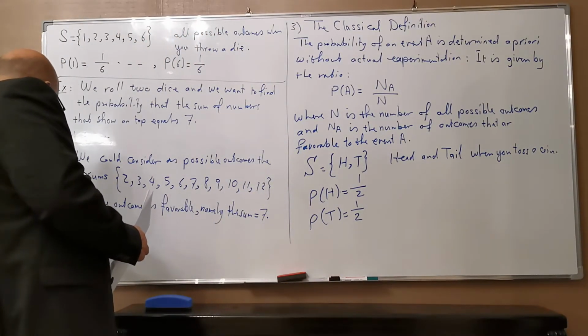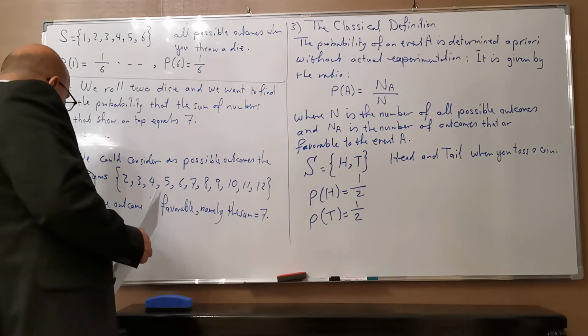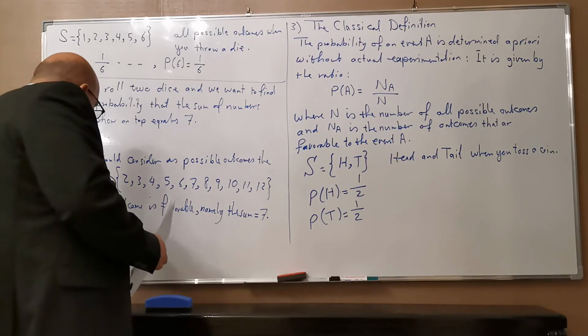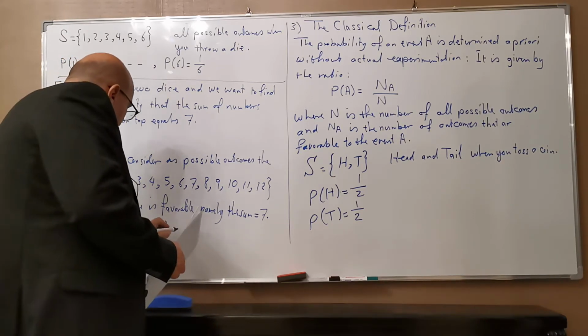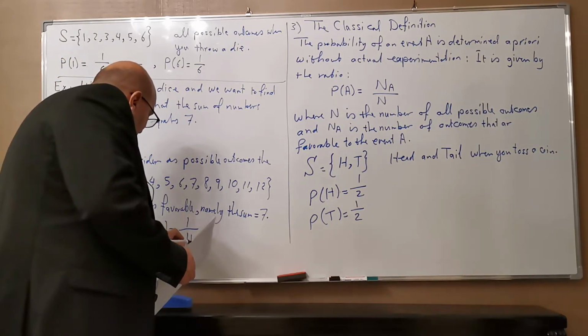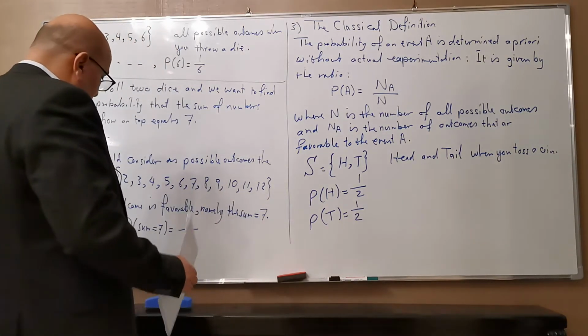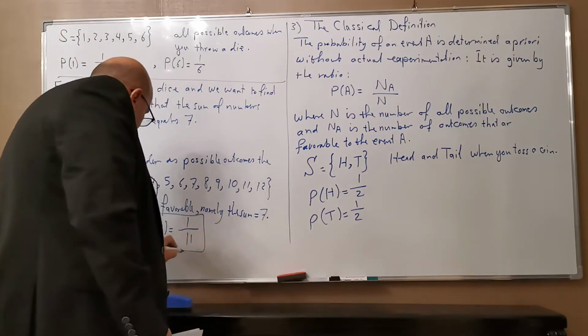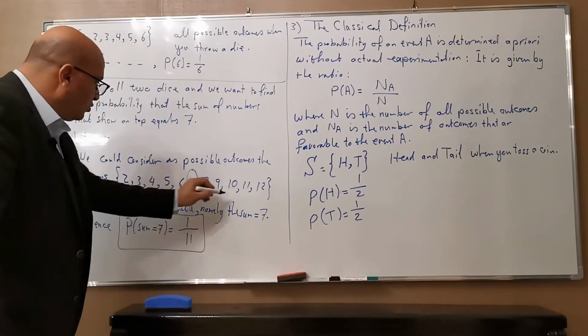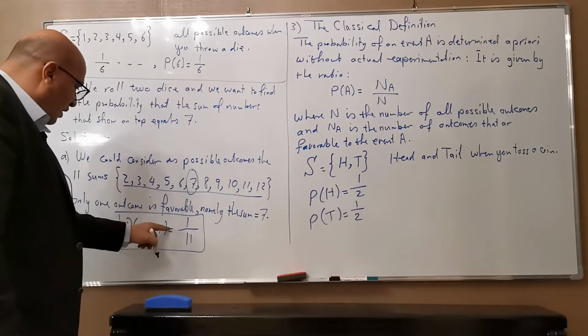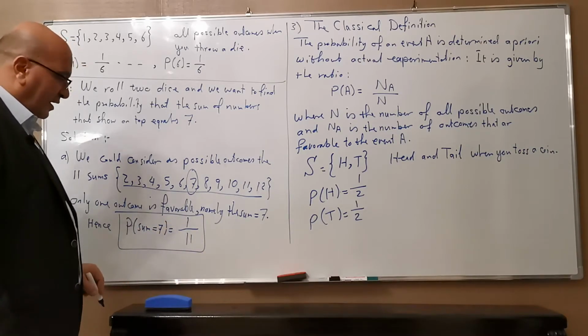Hence, we can say that the probability of sum equals 7 is equal to 1 out of 11 sums. Okay?